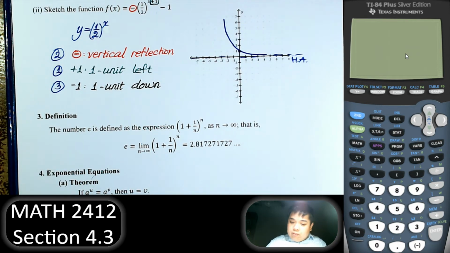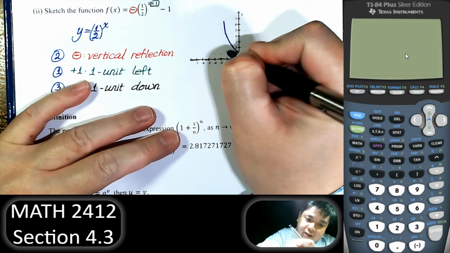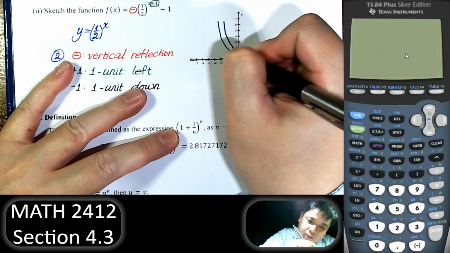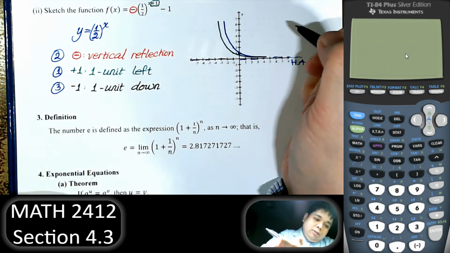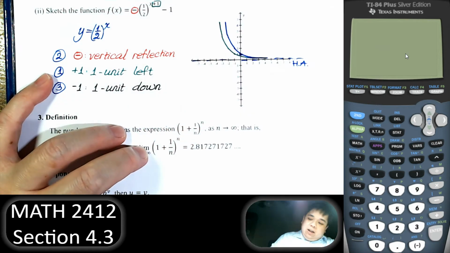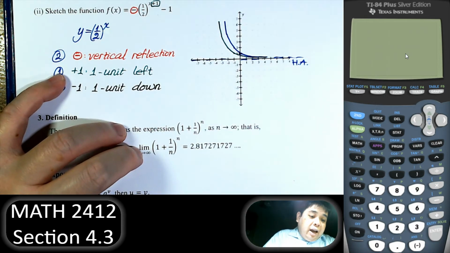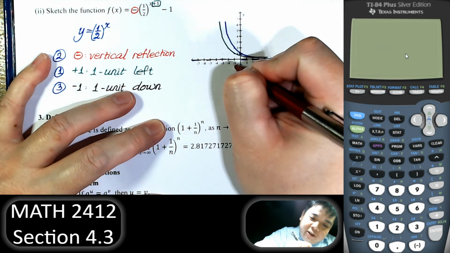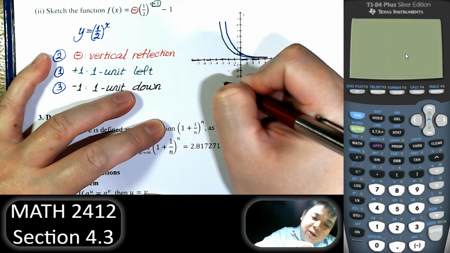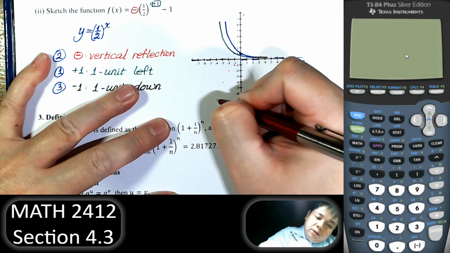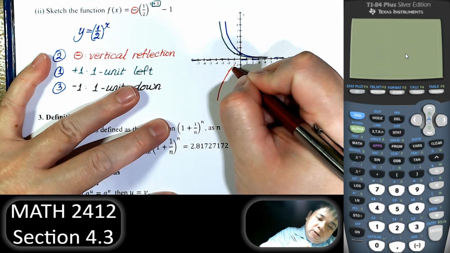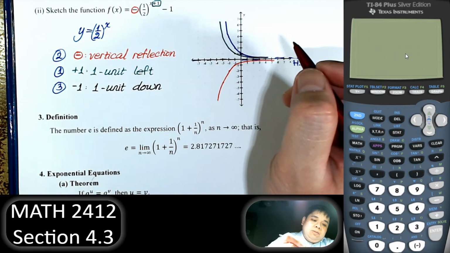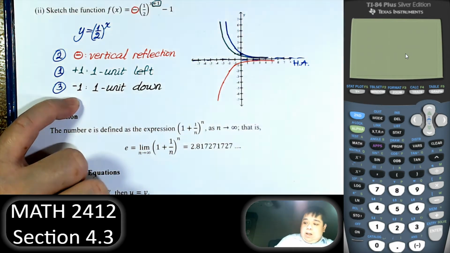First 1 unit to the left, then flip it upside down, finally 1 unit down.